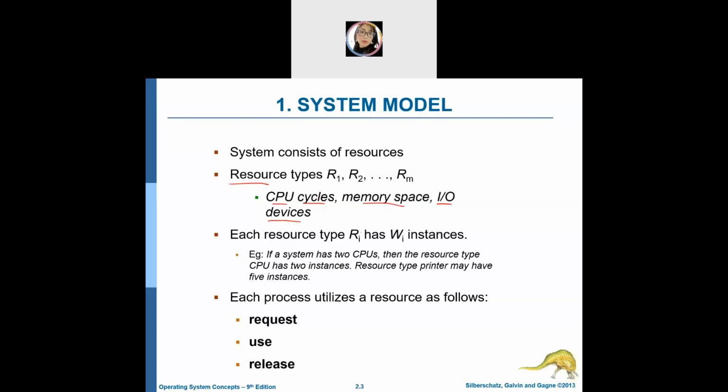Each resource type R has W instances. This is the correlation between your resource and its instances. If a system has two CPUs, then the resource type CPU has two instances.